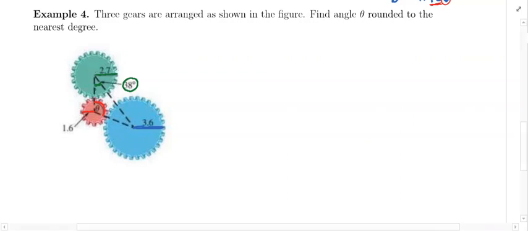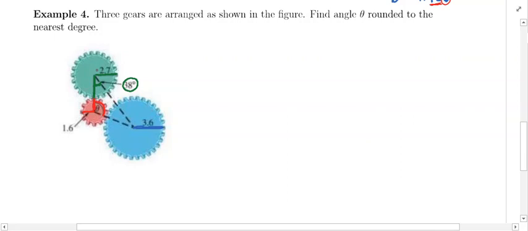For example, watch where my cursor is. I can figure out this side length right here, because this side of the triangle starts right here. You can see here's the green radius, and then it immediately connects to the red gear, so this distance is going to be the red radius.